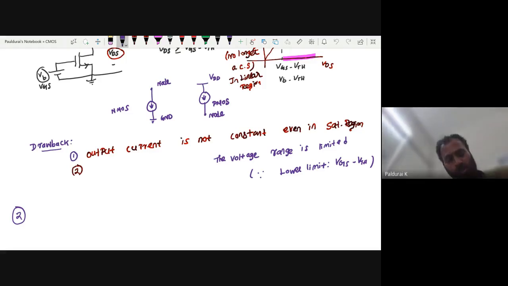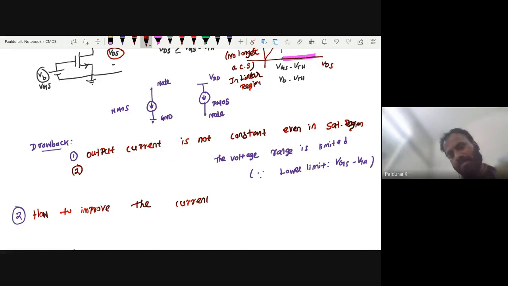So observation 2, now my question: how to improve the current source? What we discussed in observation number 1, actually we are expecting constant current even in saturation region, but the slope increases. So my question, how to improve the current source?